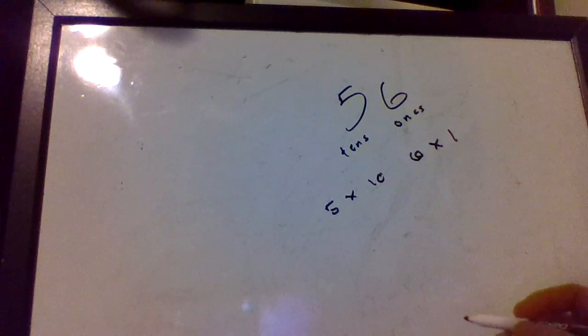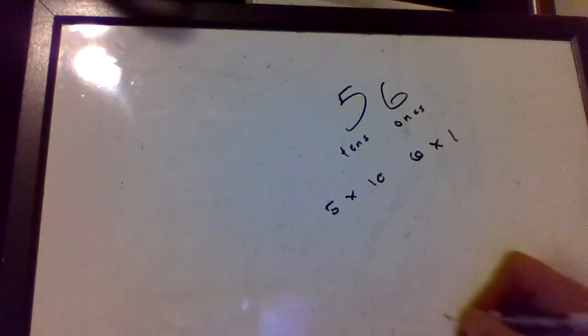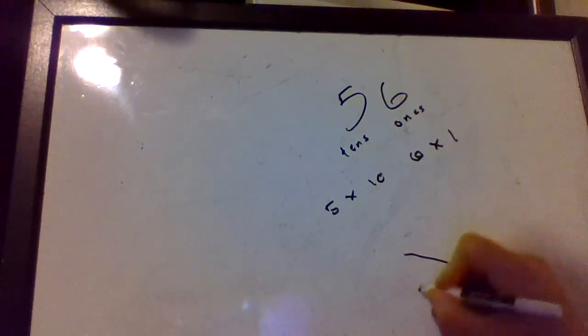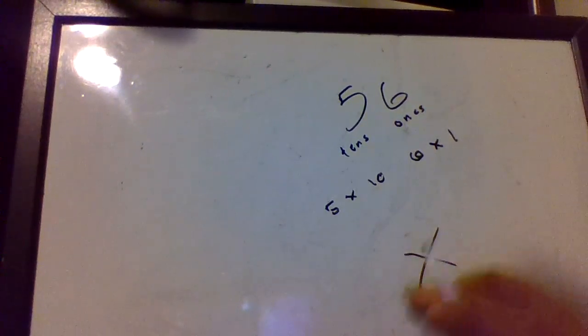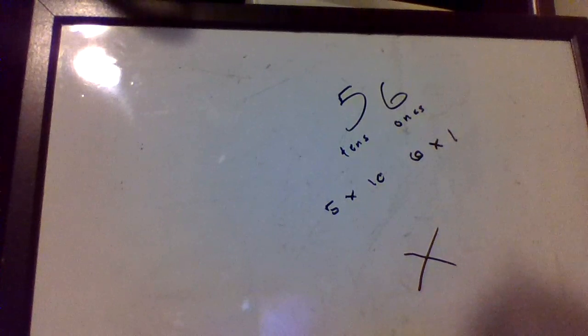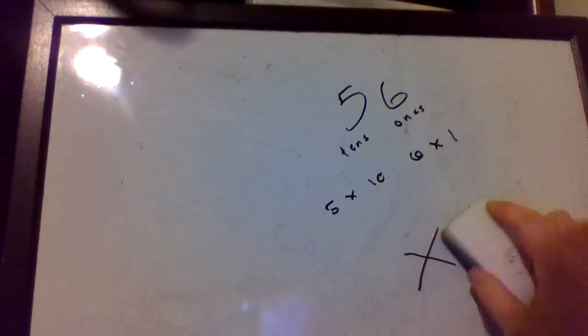And if you think about the x's, groups of, it's kind of fun. Groups of. So here, don't think about it as a multiplication sign. Think about it as groups of.